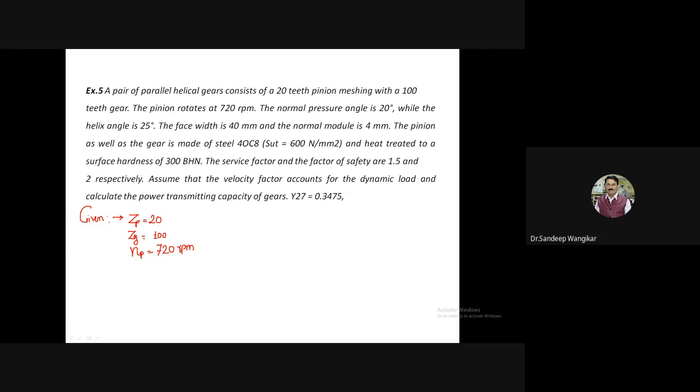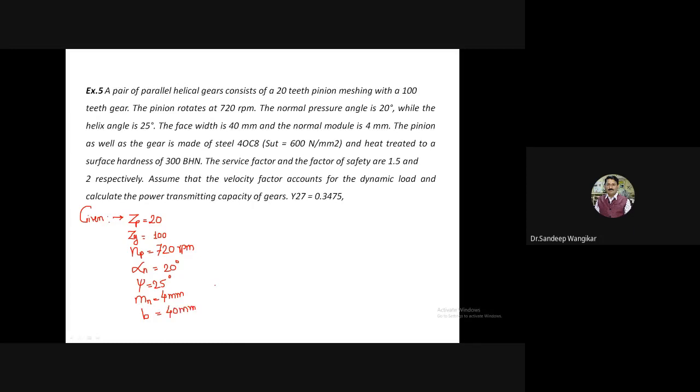Then the normal pressure angle is 20 degrees, so alpha n is 20 degrees. Then the helix angle is 25 degrees, so psi is equal to 25 degree helix angle. Face width is 40 millimeters and normal module is 4 millimeters. So Mn is equal to 4 mm, and next B, face width, is given as 40 millimeters.